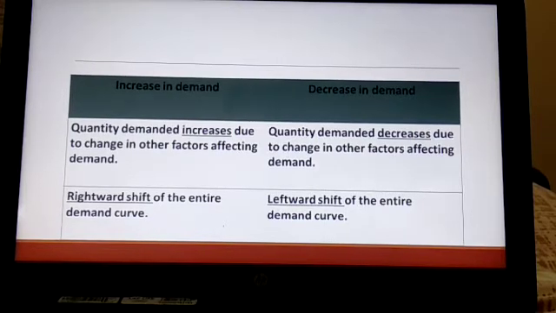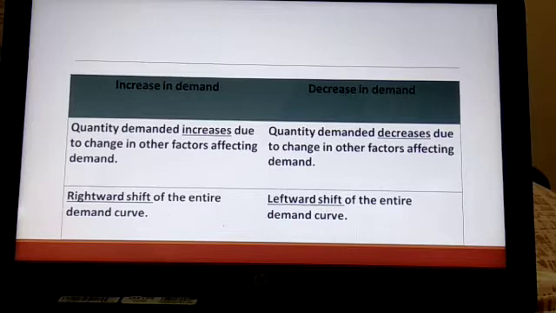Now, what are the reasons for increase in demand? As I told you earlier also, suppose we take the example of taste and preferences of consumer. If some taste and preferences, some social custom is in favor of the consumer, in that case the demand will increase. And if some social custom or some habit has vanished, in that case the demand for that commodity will decrease.